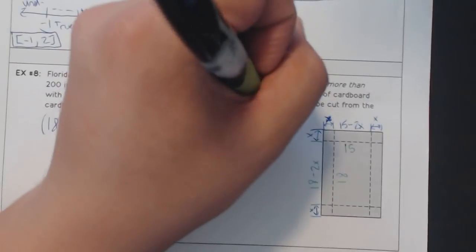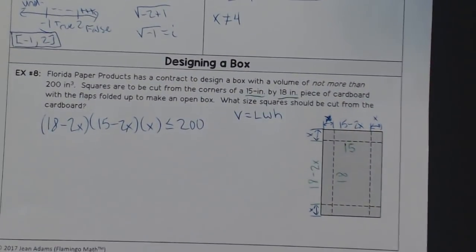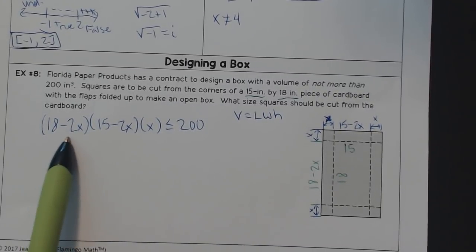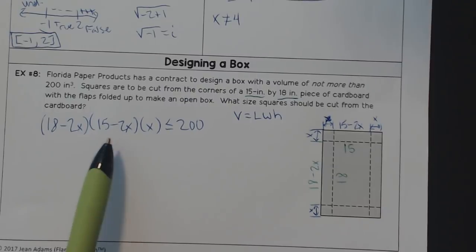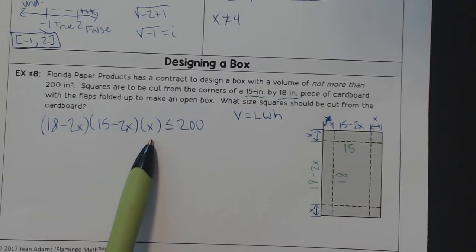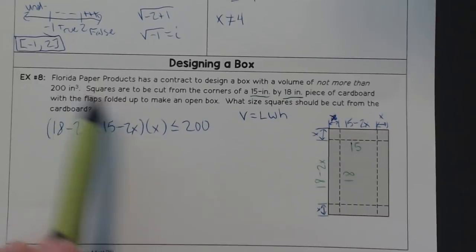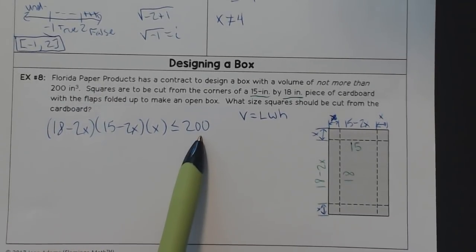And the volume of any kind of rectangular prism is going to be the length times the width times the height. So my length is going to be the 18 minus 2x. My width is the 15 minus 2x. And my height is x. So that's my volume. And it tells us that we want the volume to be not more than 200. So I make it less than or equal to 200.